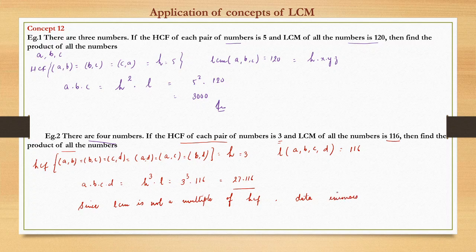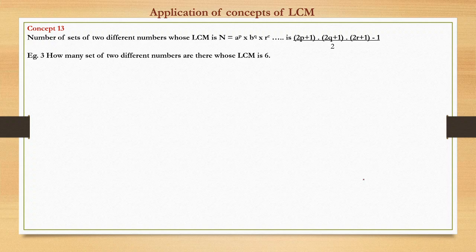We cannot solve this question. So this should be the answer, and though we can directly go to the formula and use this, we should be very mindful of this fact that HCF always has to be a factor of the LCM. If not, then data is inconsistent. The question cannot be solved.